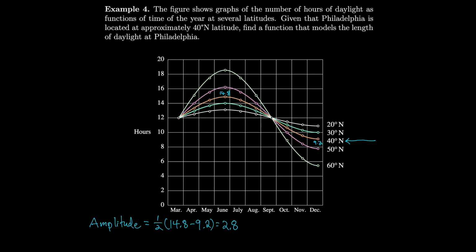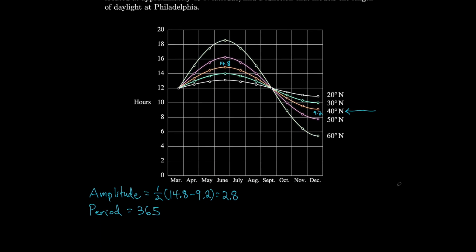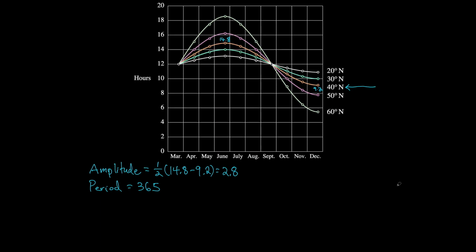So 365 days. Okay, let's see if we could figure out what b is in our function then, because 2 pi divided by the period is b. So b is 2 pi over 365.